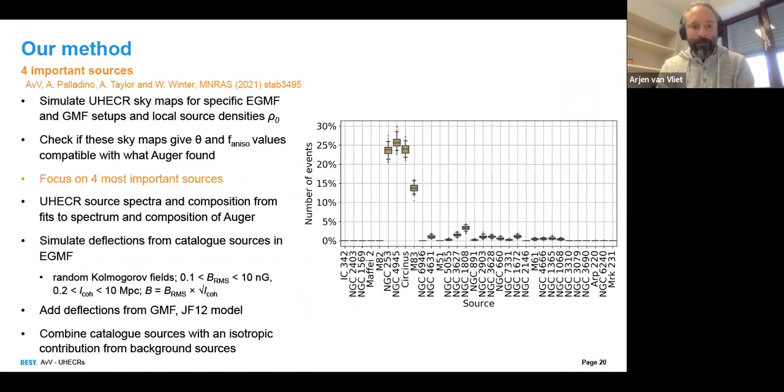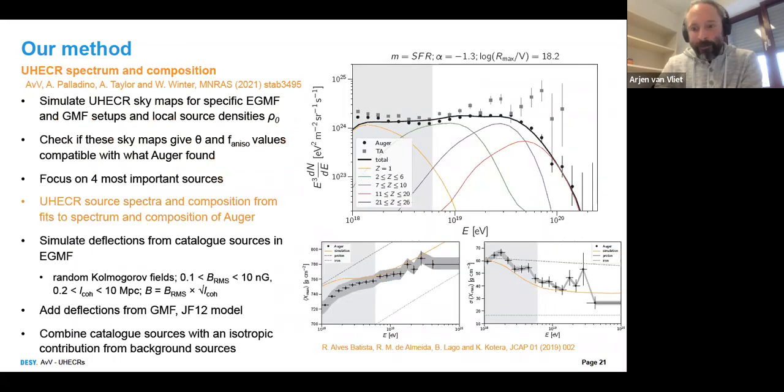We focused, in a bit more detail, on the four most important sources only, because they are really the nearby ones and give more than 90% of the actual signal. Then we use these fits to spectrum and composition.